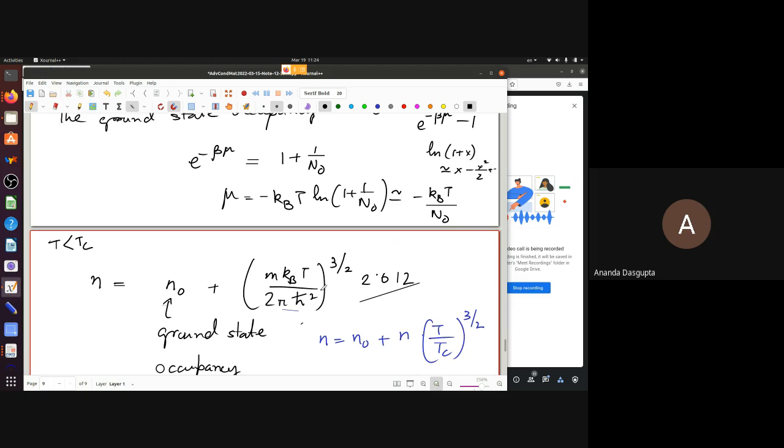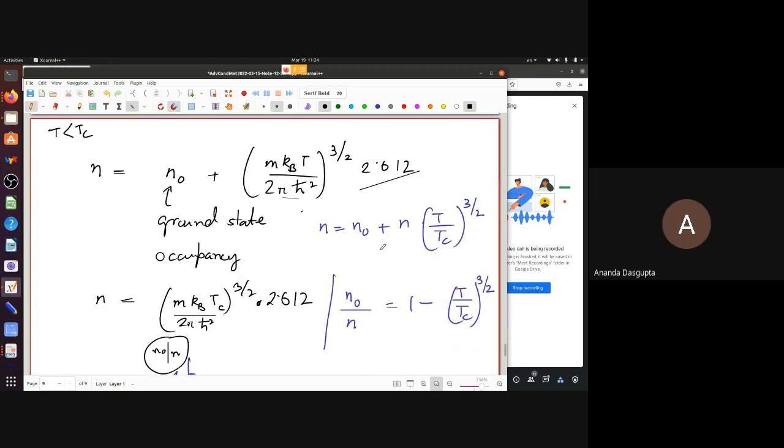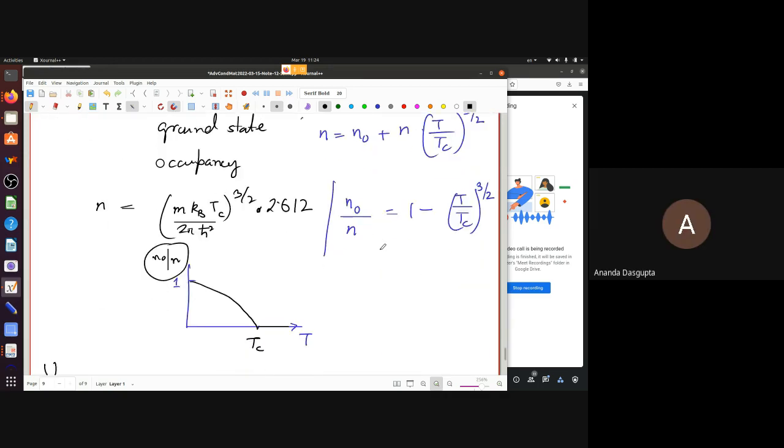But note that in this calculation, we had not counted any particle to be in the ground state. And that, of course, is not exactly correct because there will be particles in the ground state. But if you have a microscopic number of particles, and here microscopic means 1, 2, even hundreds of thousands, it doesn't matter, because then n0 by n will be so tiny that we will not be able to see that.